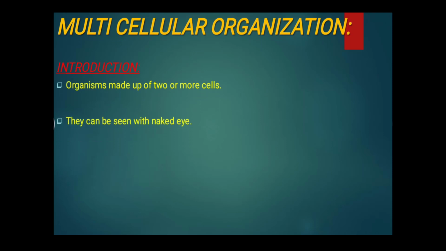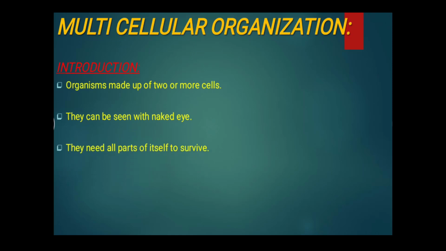Third type of cellular organization is multicellular organization. In multicellular organization, organisms are made up of two or more cells. They can be seen with the naked eye. They need all parts of themselves to survive.